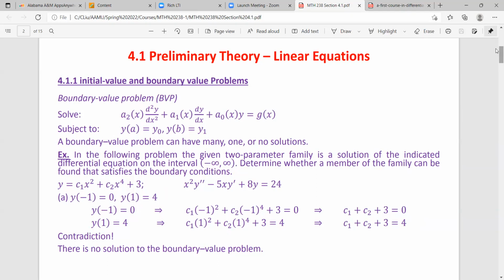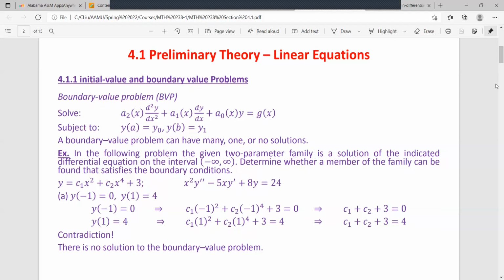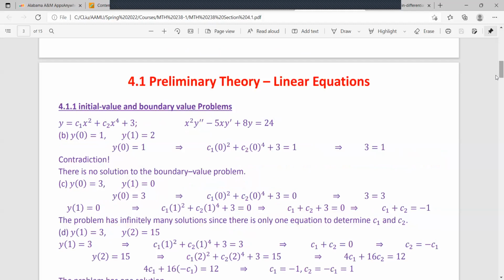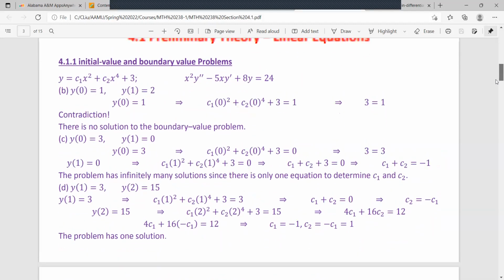Obviously this cannot be satisfied, so you cannot find such a y to satisfy these boundary conditions. There's no solution to the boundary value problem. That's the first example.